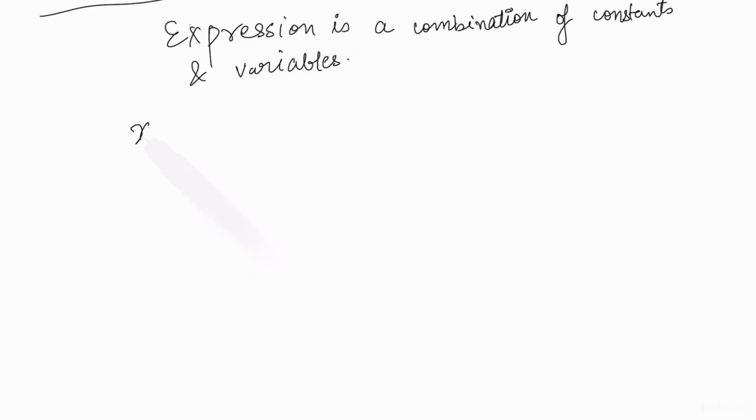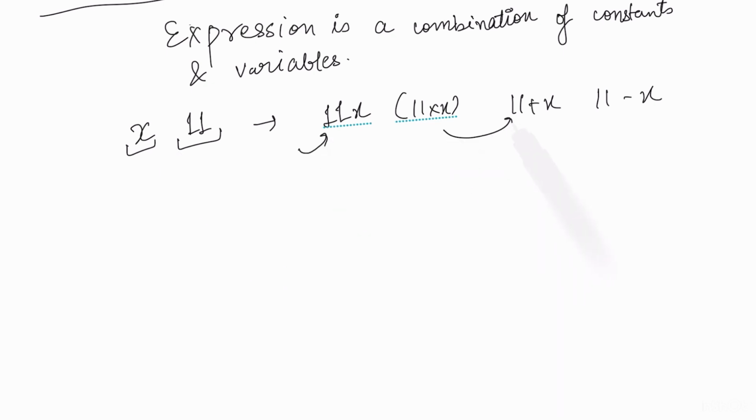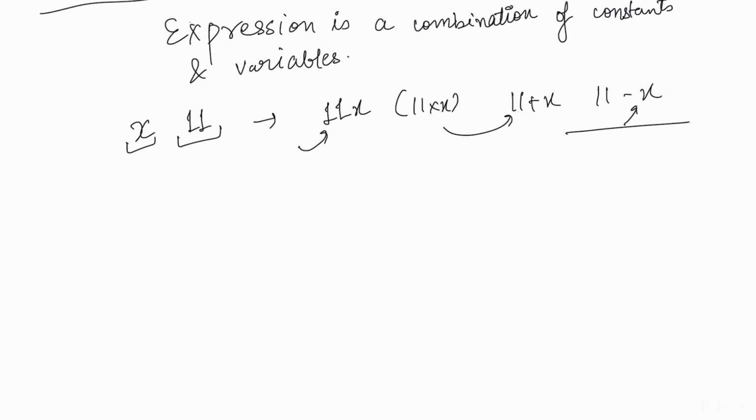Suppose you have a variable x and a constant, say 11. If you combine, you can have 11x, which means 11 into x. You can also have 11 plus x, or 11 minus x. So I took a constant, I took a variable, and I made an expression. All these are expressions. Now you can even have a variable with a variable, any number of variables.